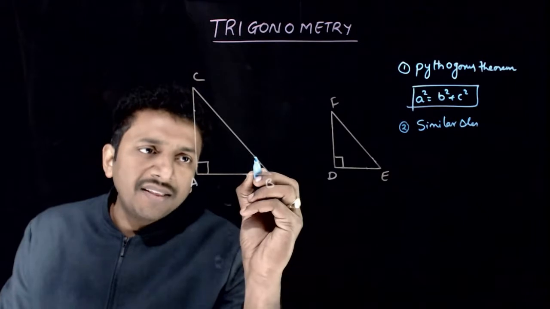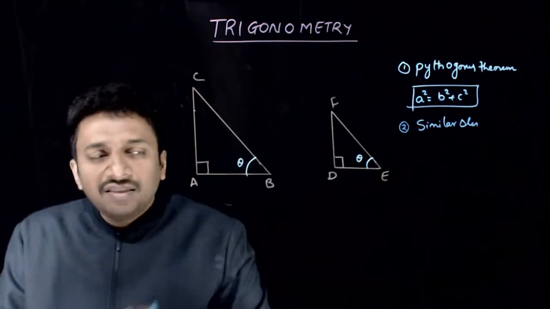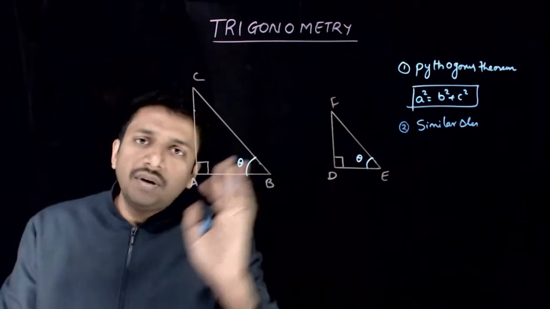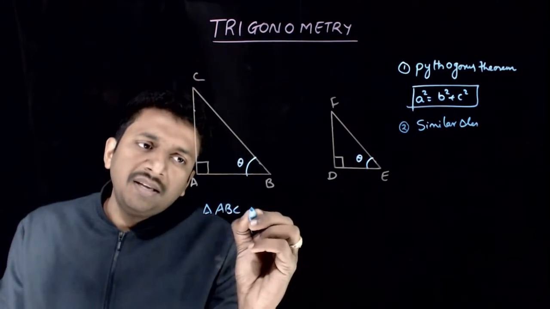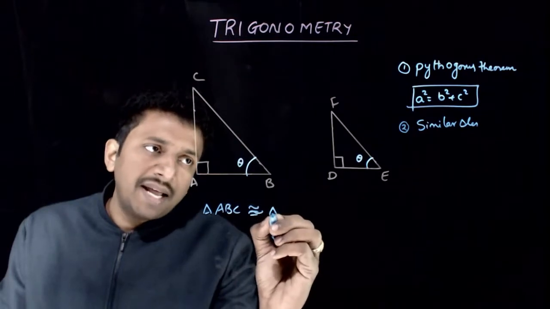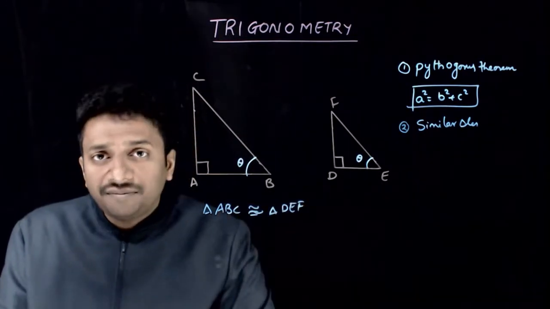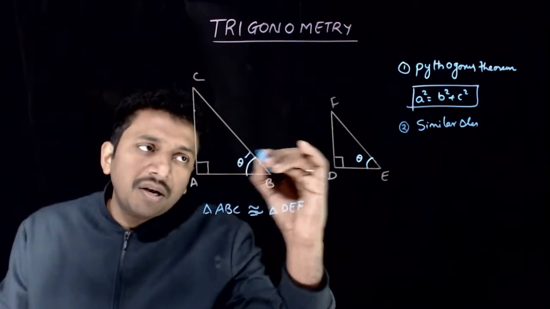So if one of the other angles is equal in both triangles, then these 2 triangles become similar. So if this theta is equal to this theta, then triangle ABC is similar to triangle DEF. Not congruent, similar to triangle DEF. So the similarity of 2 triangles depends only on one angle.